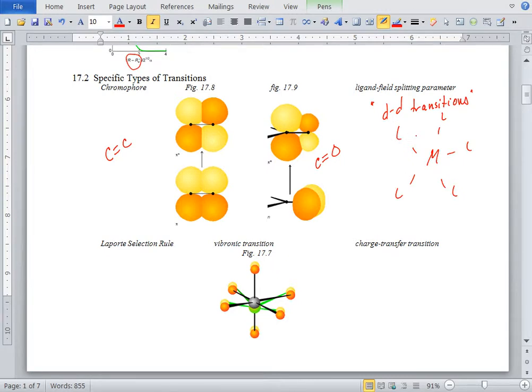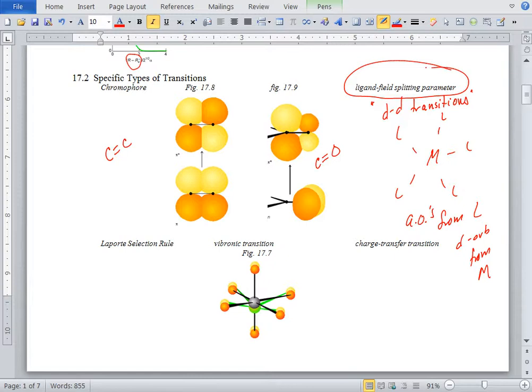For this ligand field splitting parameter, you get the atomic orbitals from the ligands, and then the d orbitals from the metal, and that's what they're using to describe what's going on with these types of compounds.